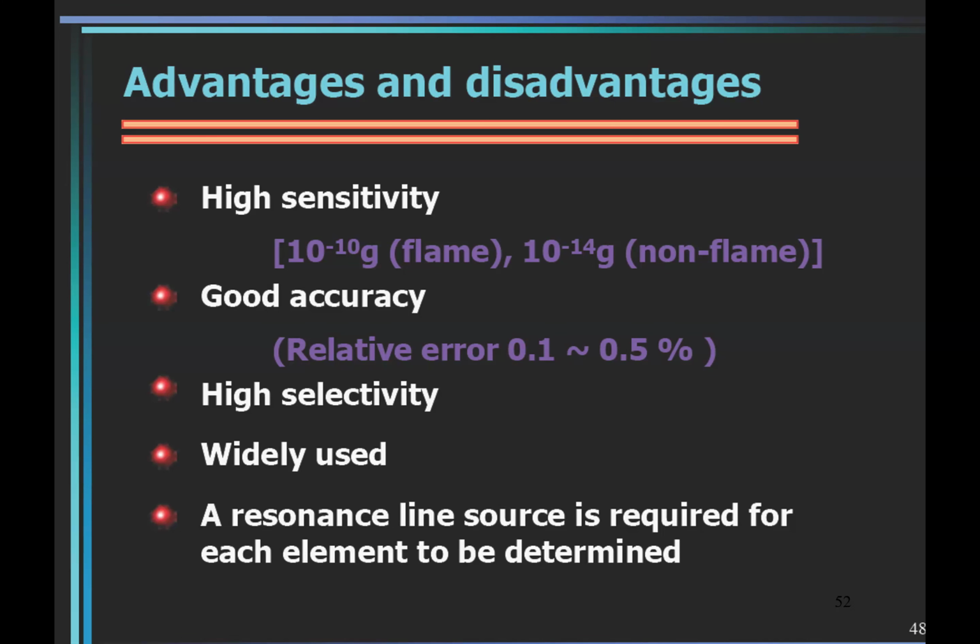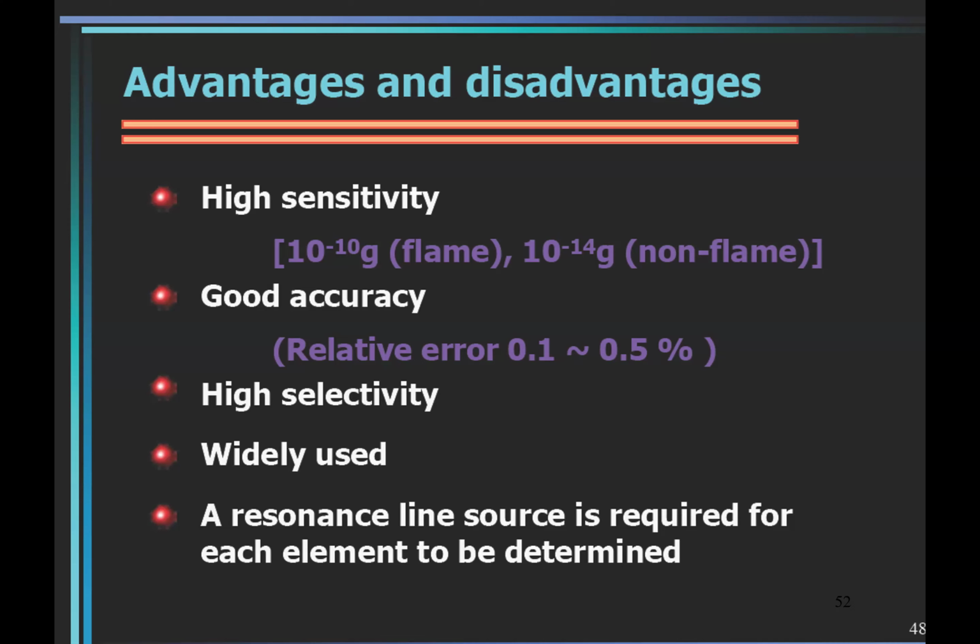Are we together there? Remember, this is 0.5%. 0.5% means what? 99.5. That's very high accuracy for any method, or even 0.1. So when you do your measurements with AA, that's how accurate you can be.